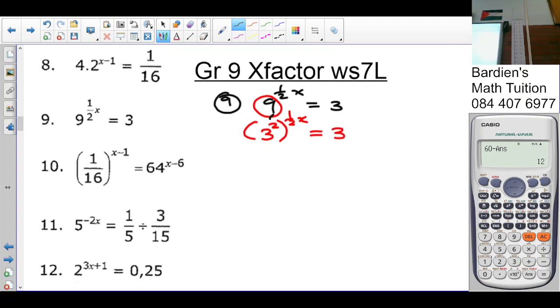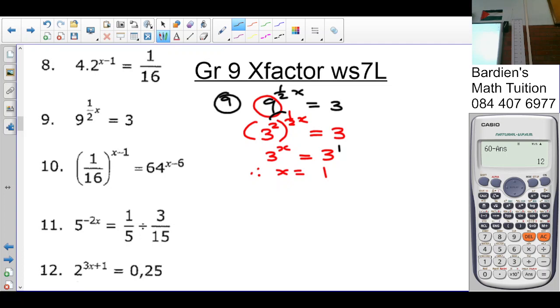When a base is raised to a higher exponent, we multiply the exponents. So it's 3 to the, a half times 2 is 1, so 1x is equal to 3. If there's no exponent here, what exponent belongs there? 1. So therefore, x is equal to 1.